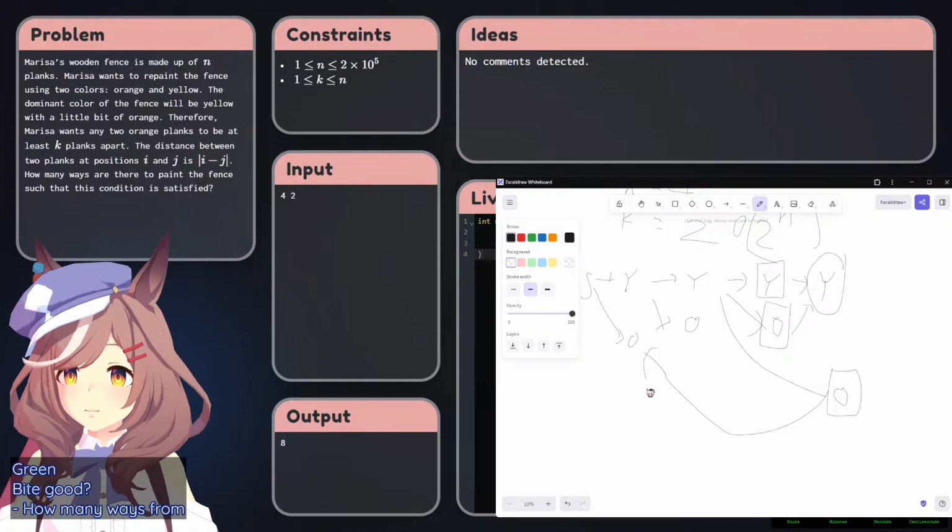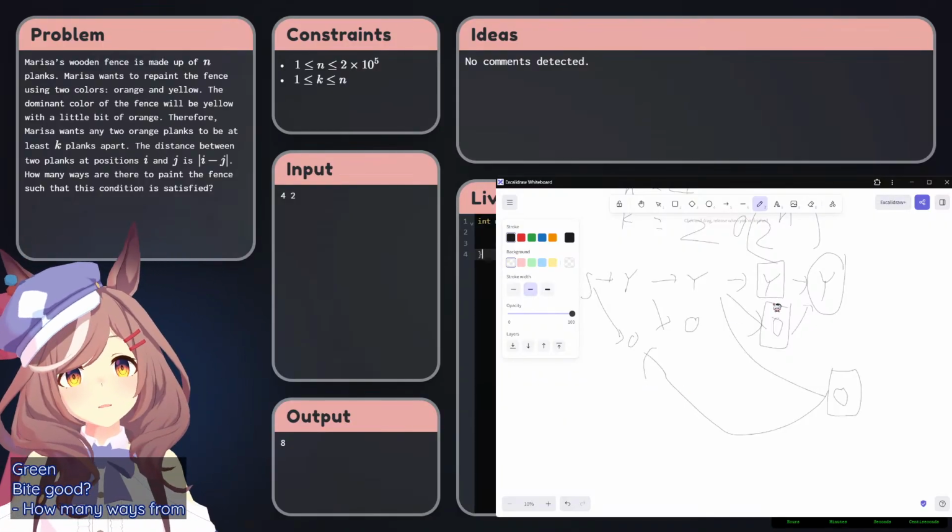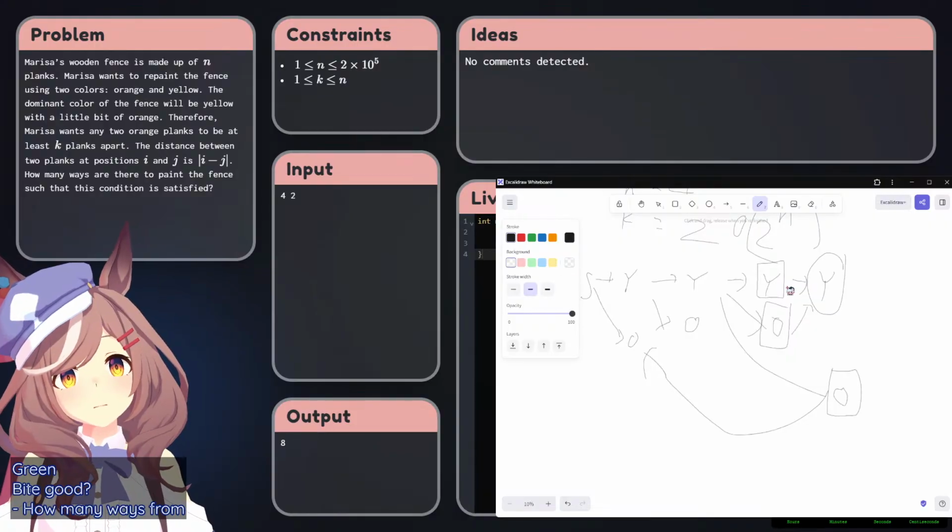Okay, so how many ways up to here to have yellow?